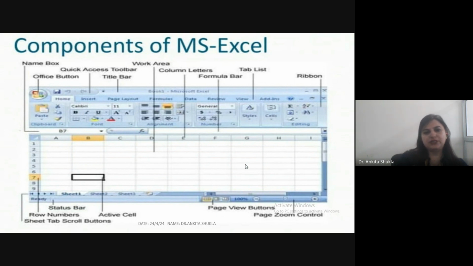Shortcut menus: commands appropriate to the task you are doing appear by clicking the right mouse button. In MS Excel, it is very useful in the current scenario, and every organization, every office, and everywhere can use this. You can find that every person uses these kinds of features.